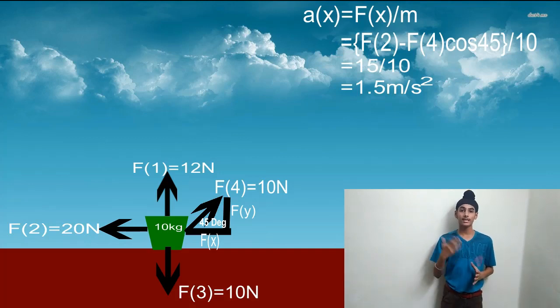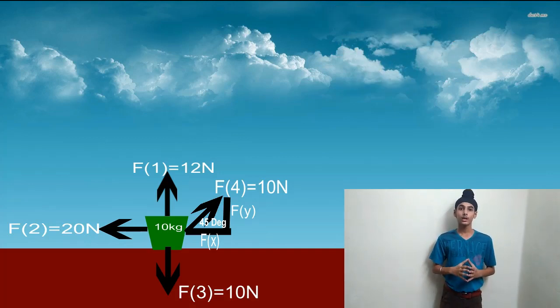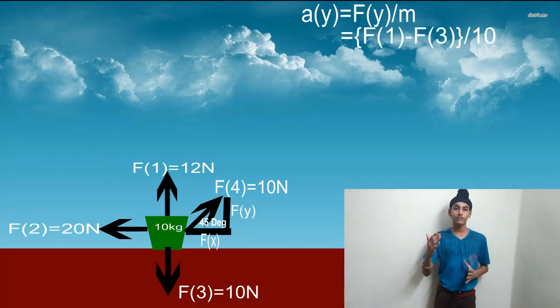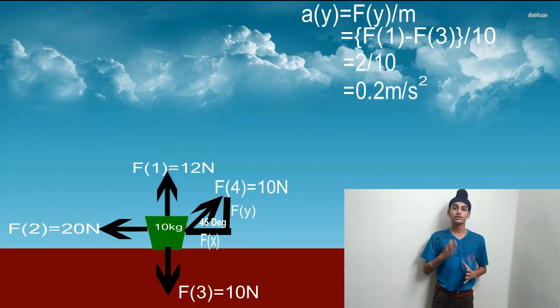Now let's move on to acceleration in the y-axis. We know that acceleration in the y-axis equals net force exerted in the y-axis over mass, which turns out to be (F1 minus F3) over 10. If we put the values of F1 and F3, we get 2 over 10, that is 0.2 meter per second square. And this is the acceleration in the y-axis.